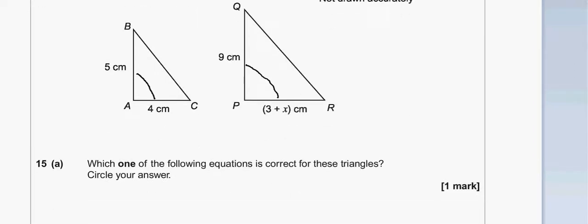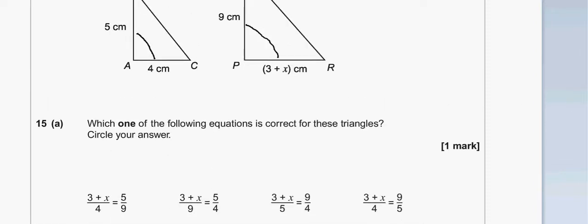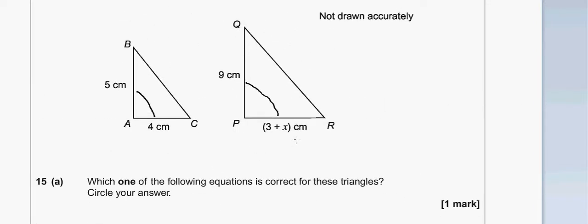Now 3 plus x over 9 here should be the same as 4 over 5, but they've got this the wrong way round, so that's no good. And there is no other equation like that. So what I can say is that this in relation to this is the same as this in relation to this.